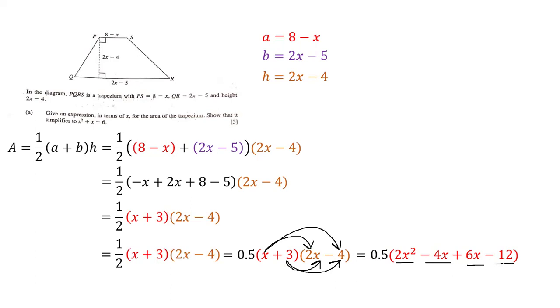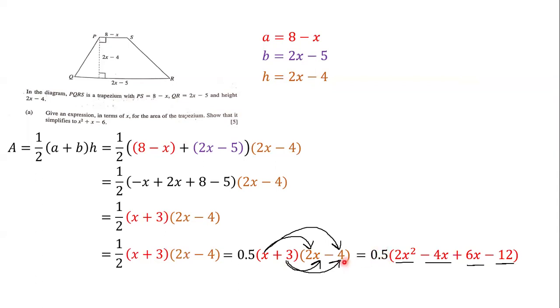So in brackets, we have 2X squared, negative 4X, 6X, and negative 12. We have to multiply all this by 0.5.